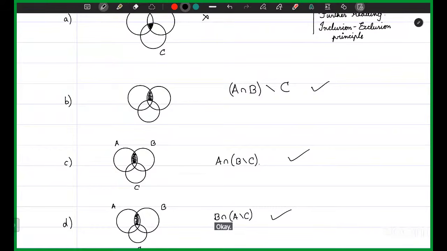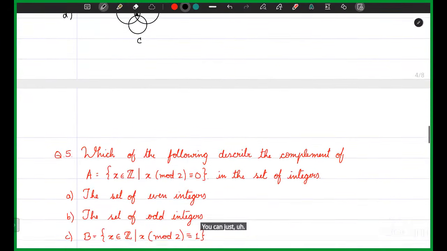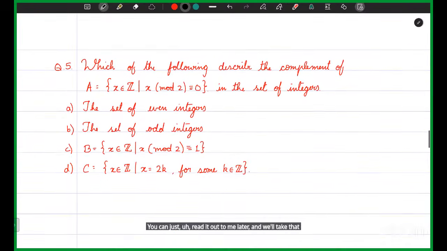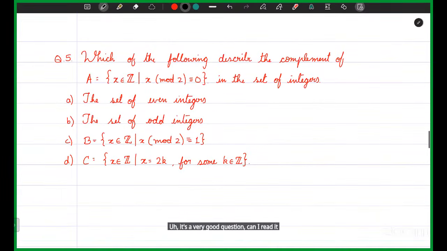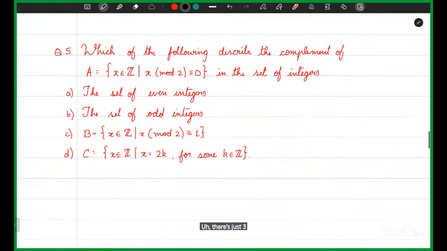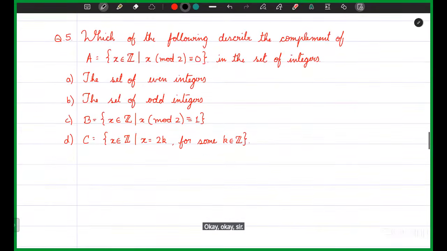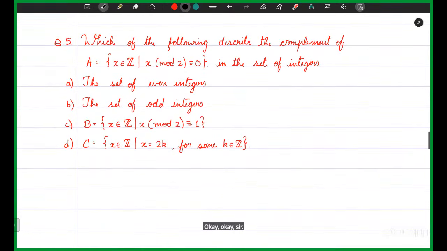It's totally fine, sir. You can just read it out to me later and we'll take that up. It's a very good question. Can I read it out now? There are just 3 more questions. Shall we go through that? And 4 more questions, actually. Okay, I will definitely take it up at the end. Let's quickly go through the things that I have already written down.